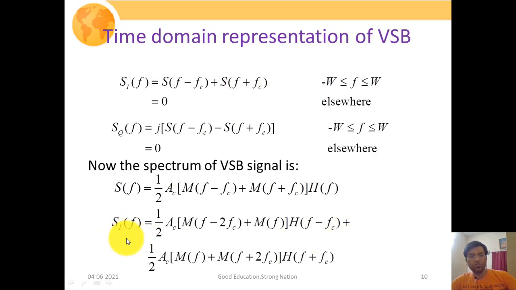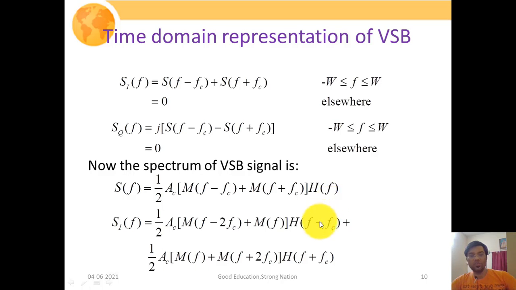Obviously, in order to find the in-phase component, or the Fourier transform of the in-phase component S_I of f, we simply have to multiply S of f with cos of 2 pi fc t. So we get half of Ac M of f minus 2fc plus M of f.